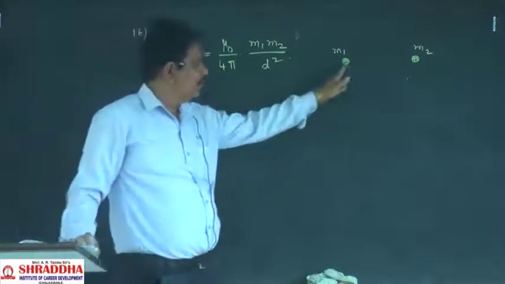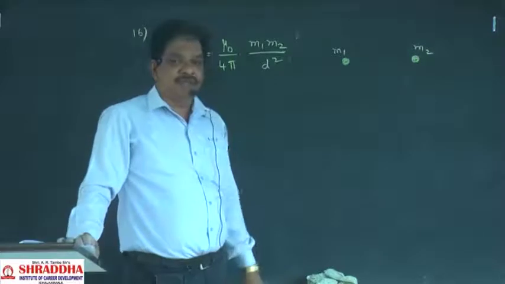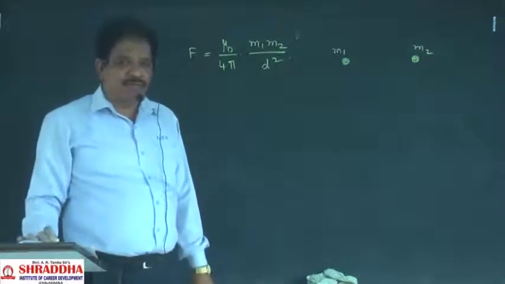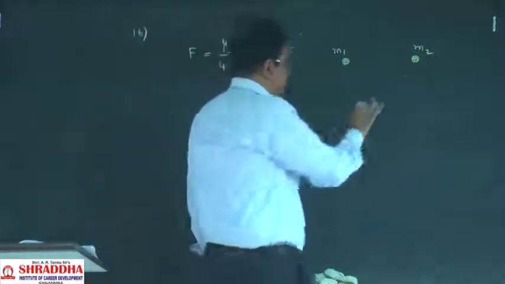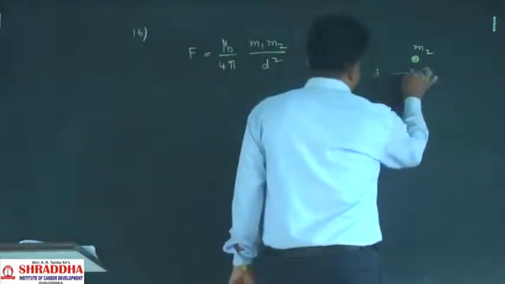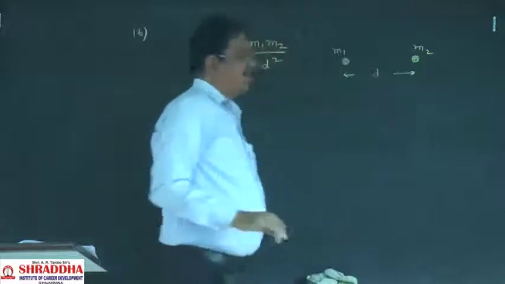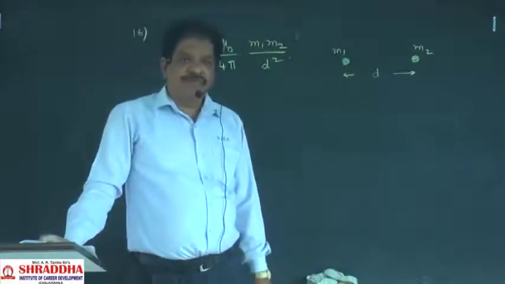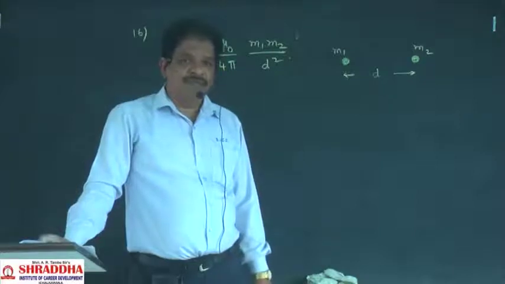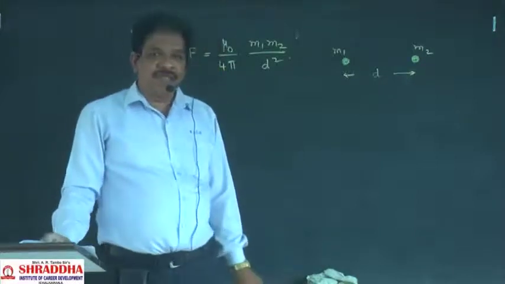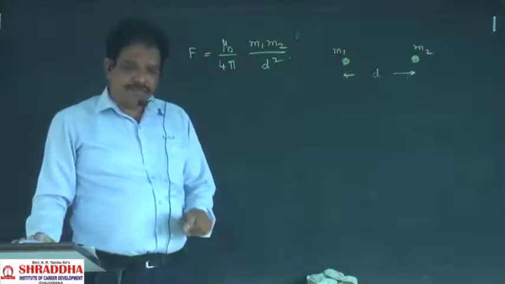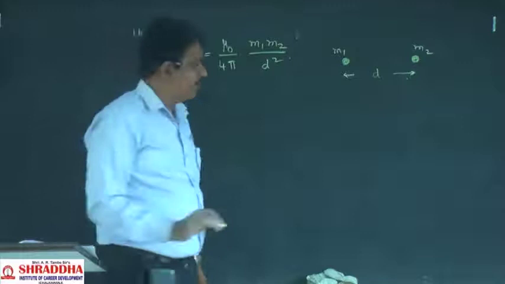Once again see, two poles are there. Their pole strengths are m1 and m2. They are separated by a distance d. If those are like poles, repulsive force will be there between them. If those are unlike poles, attractive force will be there between them.